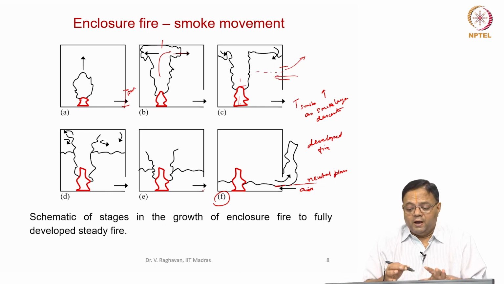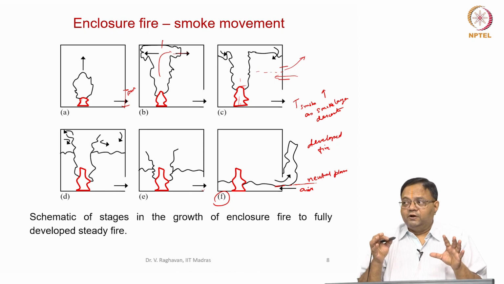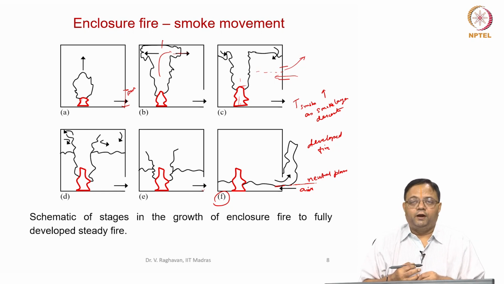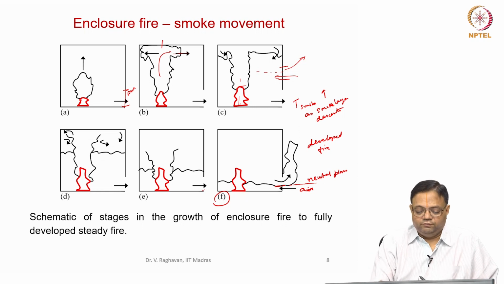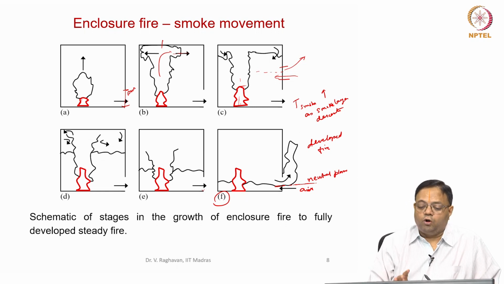But based upon the ventilation conditions what you provide, you will see that the fire dynamics within an enclosure can be entirely different. So this schematic shows the growth stage of the fire, from the ignition point to the fully developed fire stage.